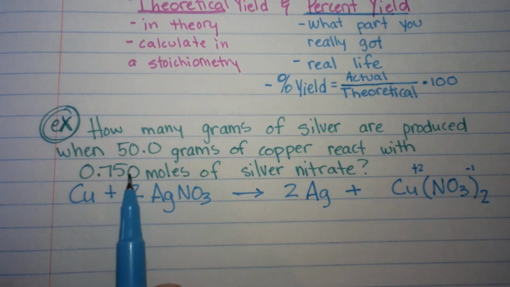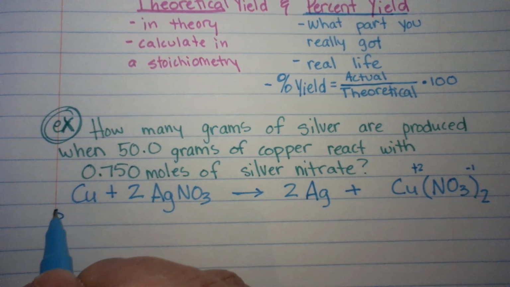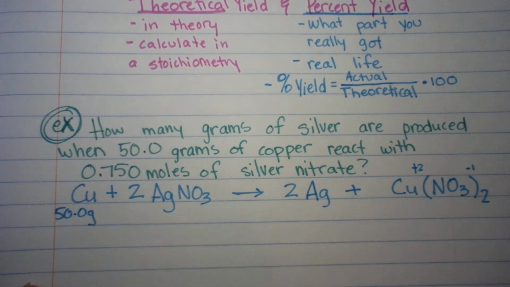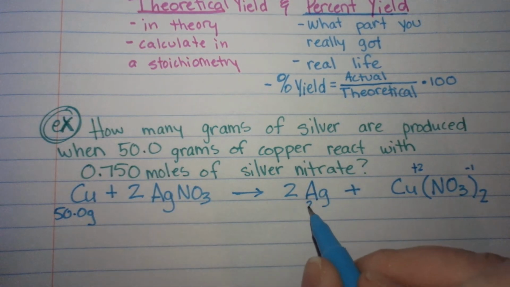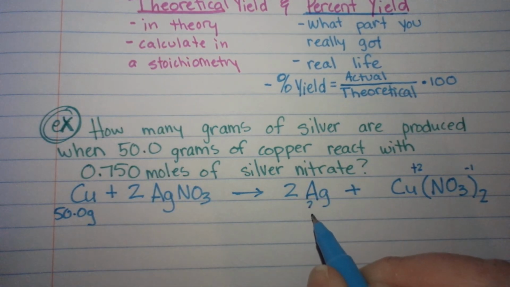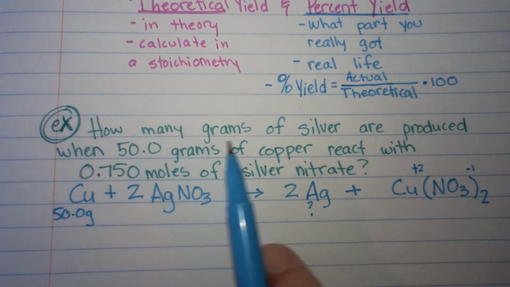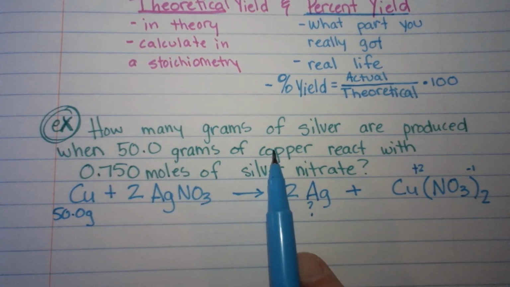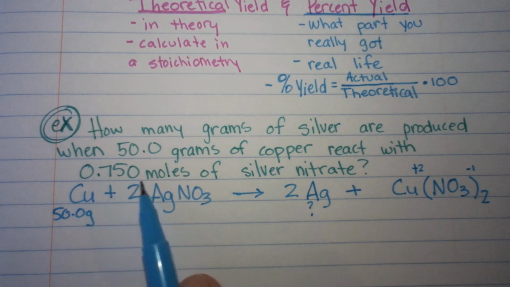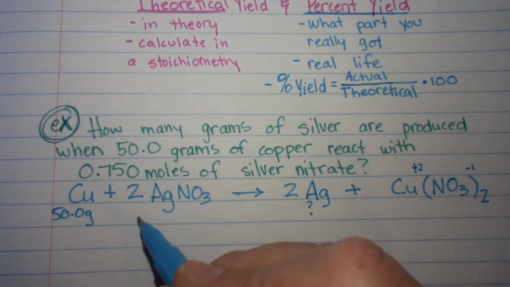We had 50 grams of copper. How many grams of silver are produced? Okay. So how many grams of silver are produced when 50 grams of copper react with 0.75 moles of silver nitrate?